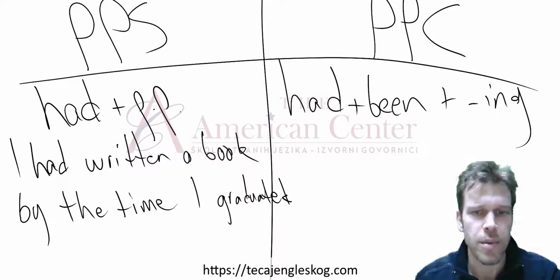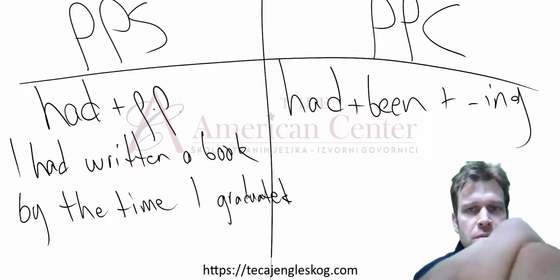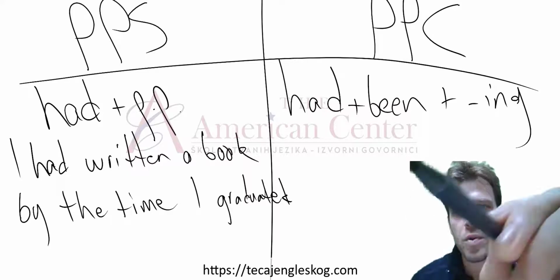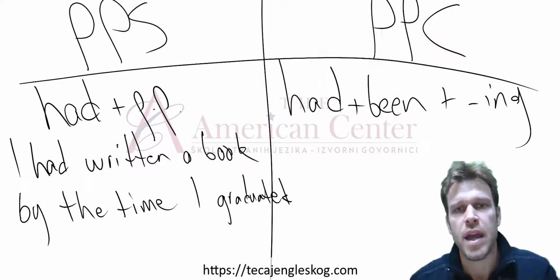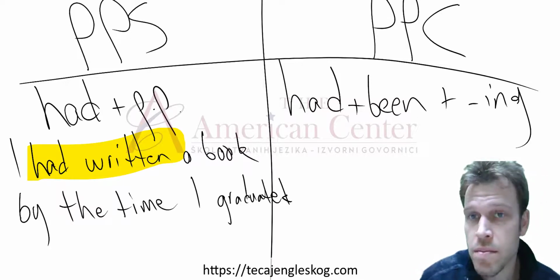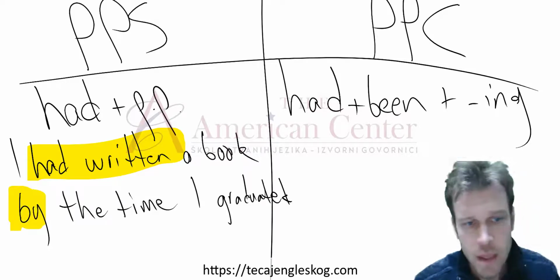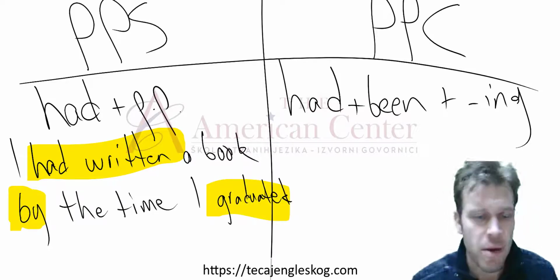Okay, now I went a little bit into the other column, but okay. So here we have two events, right? We have I had written, okay, and by the time I graduated. This is one of those past adverb time clauses. By, okay. Now, by the time I graduated.